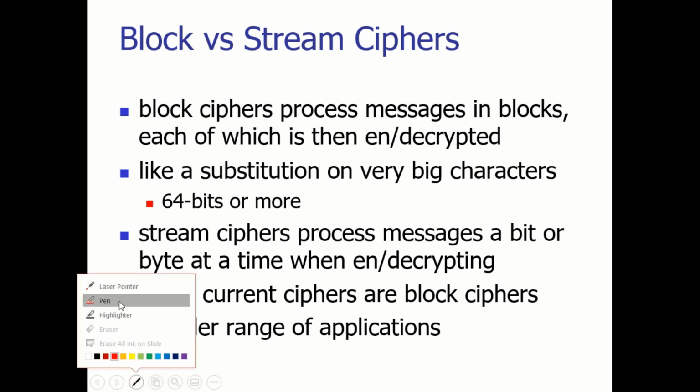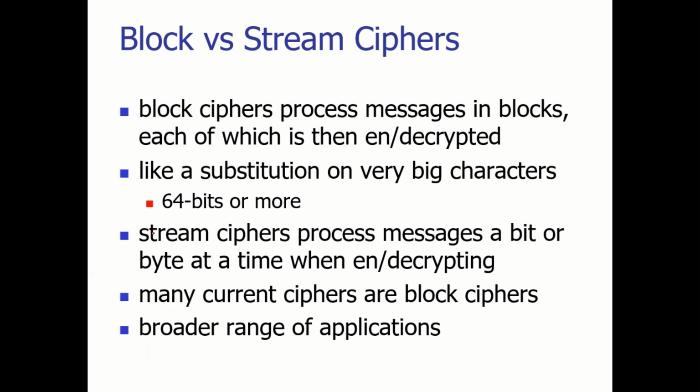In contrast to it, there are stream ciphers in which we process the messages bit by bit, or at some places you can also find processing of the messages with respect to bytes, not bits.